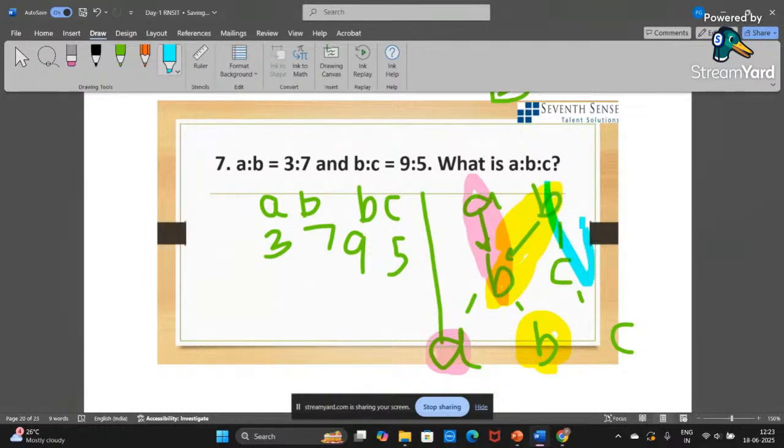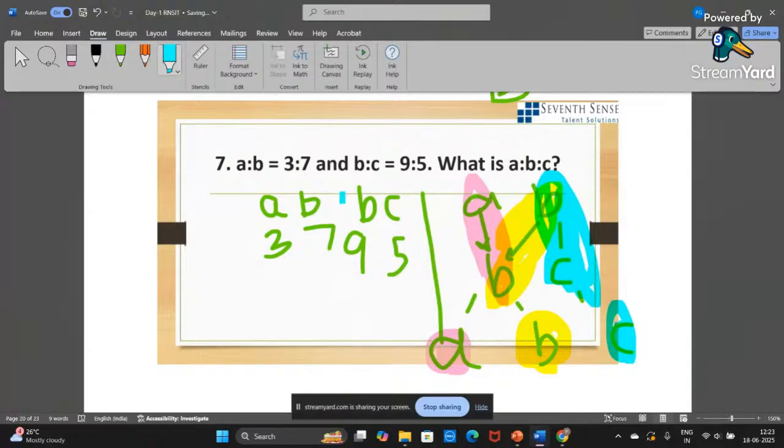You will get C value. Downwards, cross, and again downwards.